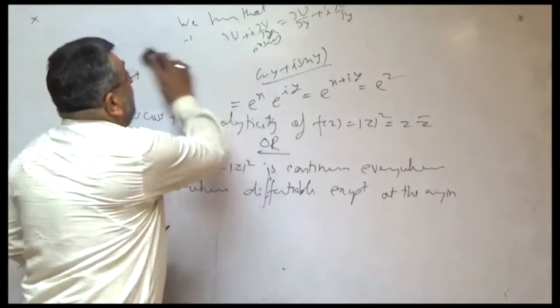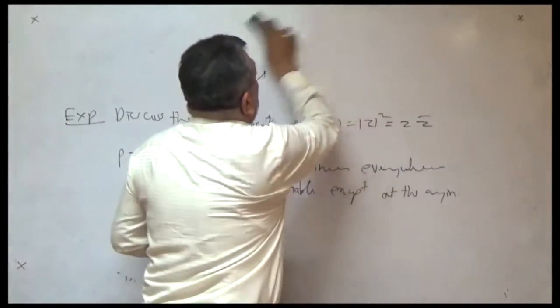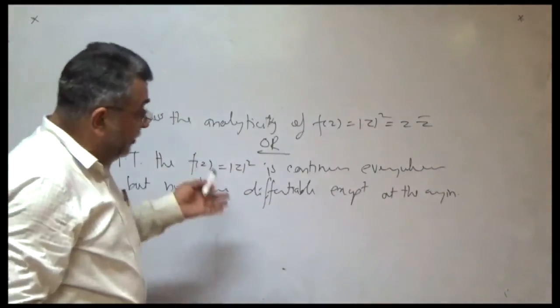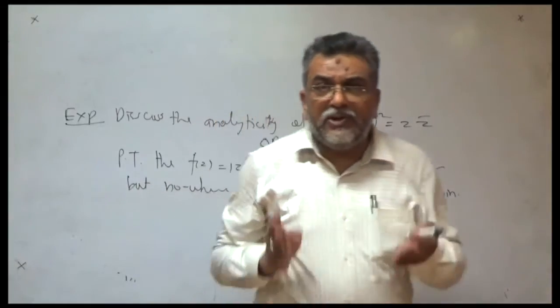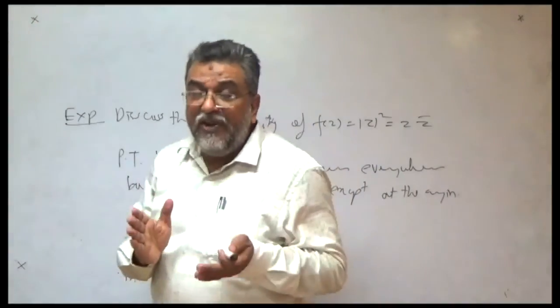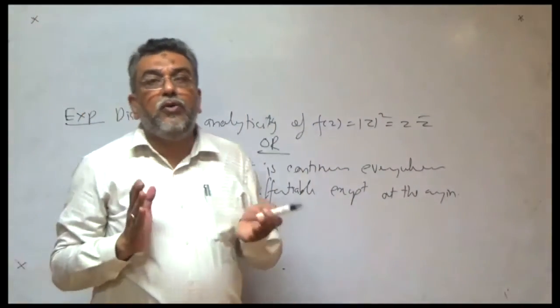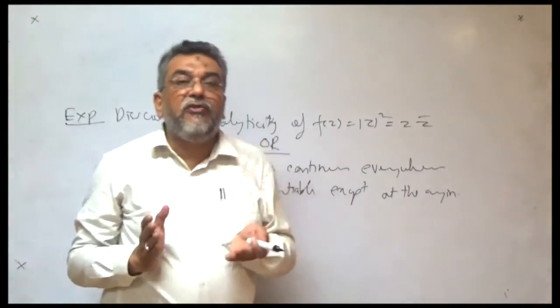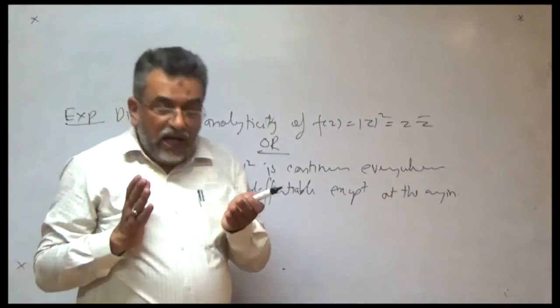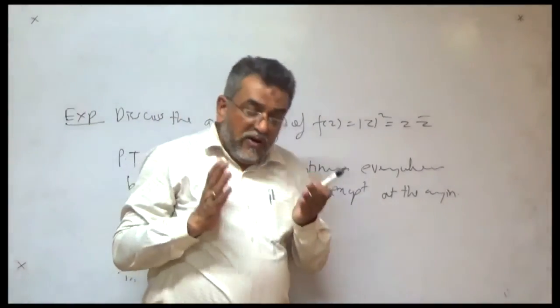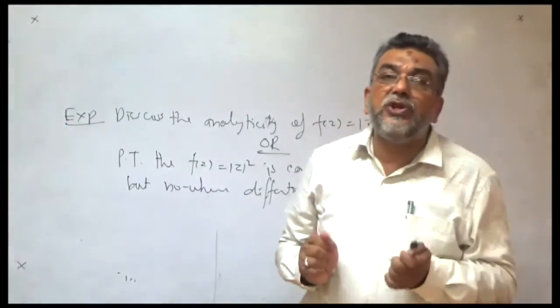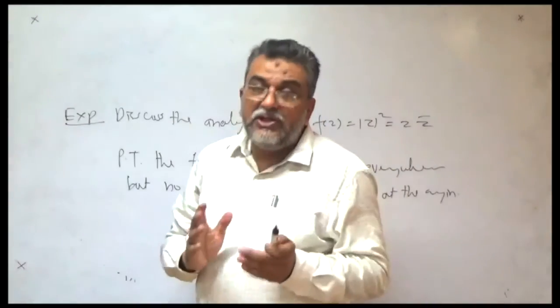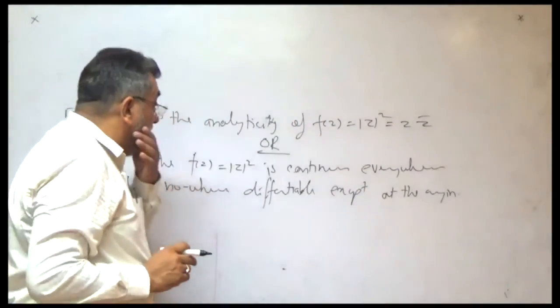So how do we solve this question? Also, if you have any doubt about the definition or theory of analyticity, then I think the solution of this question will clear this doubt fully.